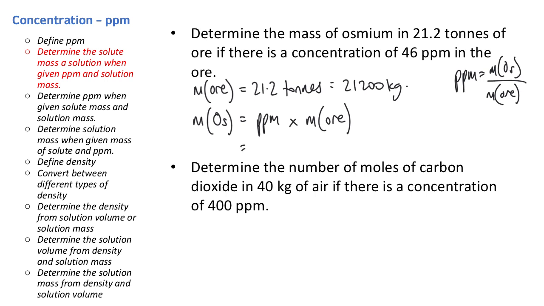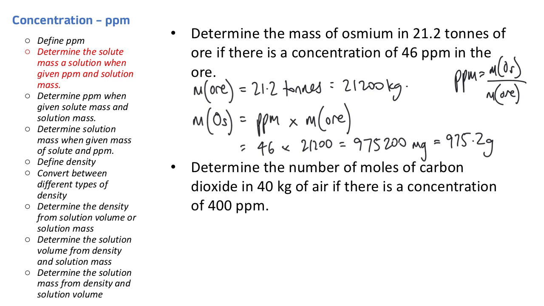So that equals 46 parts per million times 21,200, which happens to be 975,200. The unit is milligrams, because that's the unit for the mass on the top of the parts per million equation. We have to keep the right units, so that is 975.2 grams.